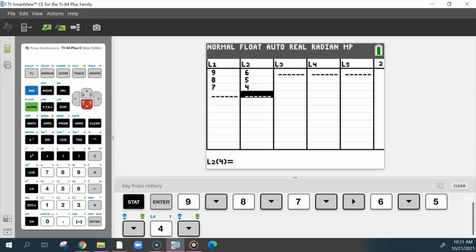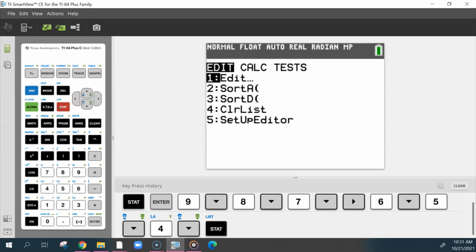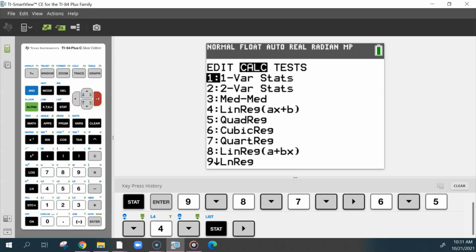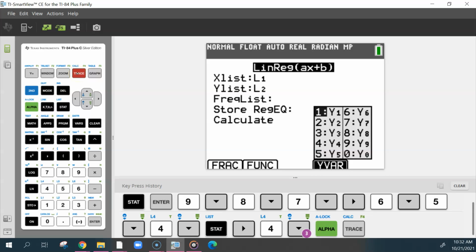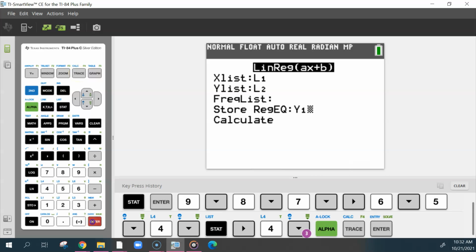After you have your data in, go back to stat, scroll over to calculate. Either scroll down to number 4 or just hit number 4. Go down to stored regression equation. Make sure it's highlighted. Hit alpha trace, and then hit enter for whichever one you want to store in.